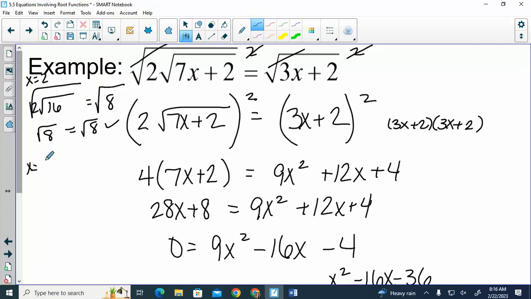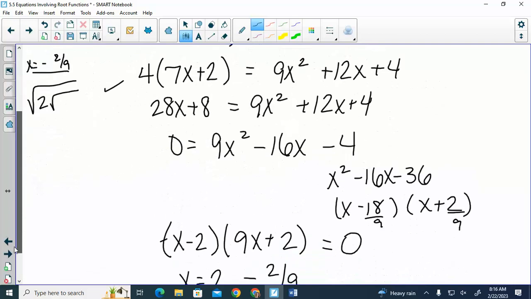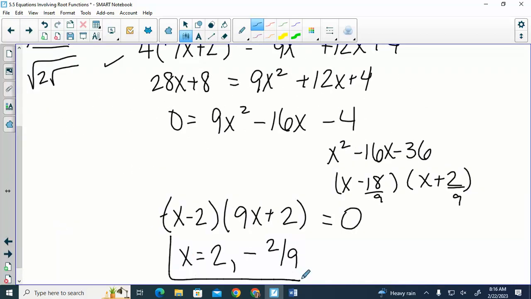Negative 2 over 9. So this time they both work. Perfect. Alright, I'm going to give you guys a problem to try.